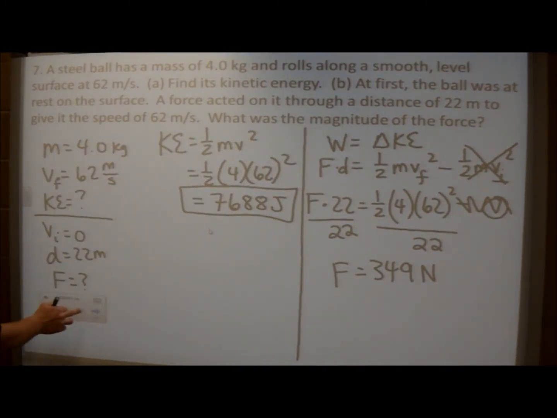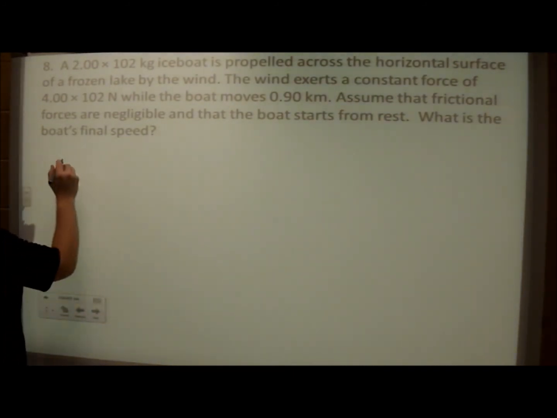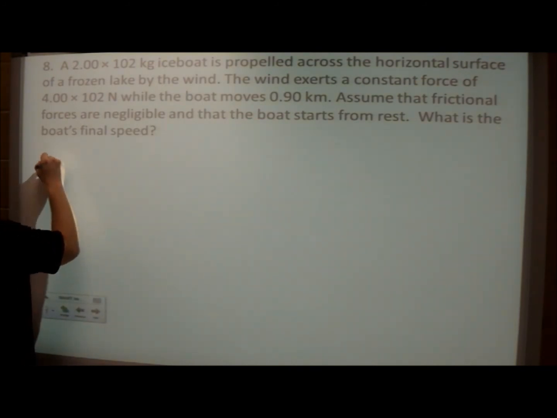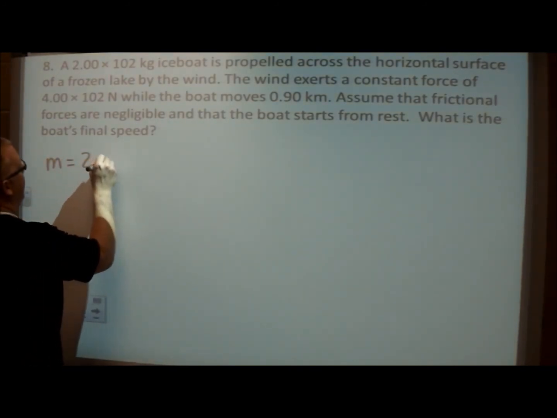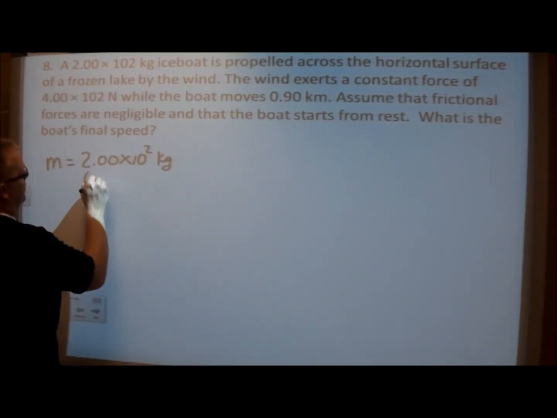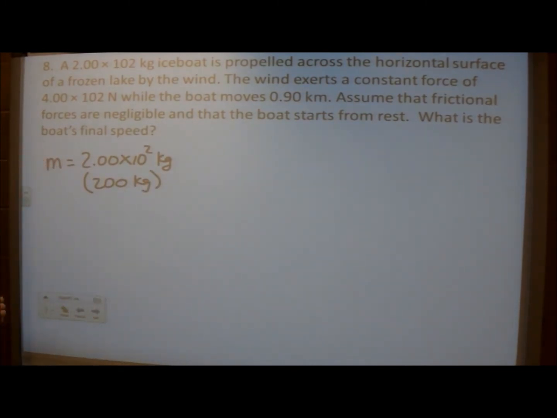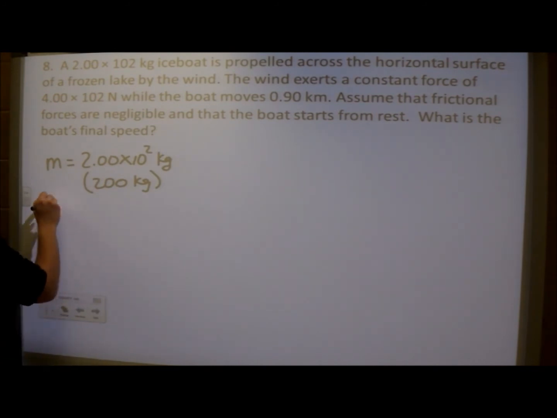Number 7. Now number 8. A 2 times 10 to the second kilogram ice boat, we could also say that's 200 kilograms, is propelled across a horizontal surface of a frozen lake by the wind. The wind exerts a constant force.